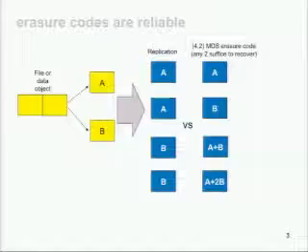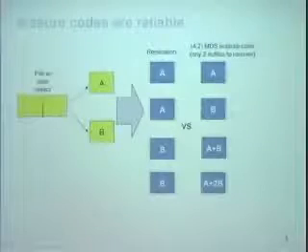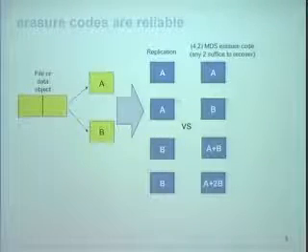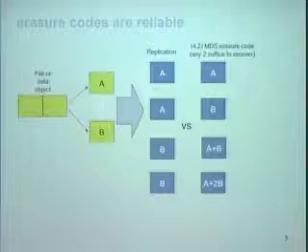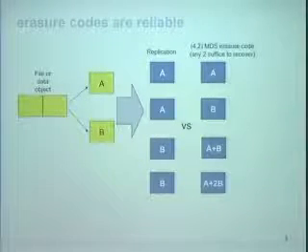This scheme, the code, is much better than replication because to the right, any 2 allow us to recover the file, whereas for this 2x replication scheme, if I lose the first and the third disk, I'm fine. But if I lose the 2 first disks, I have lost A, and therefore I have lost data. Okay? So this scheme is more reliable than replication, of course.